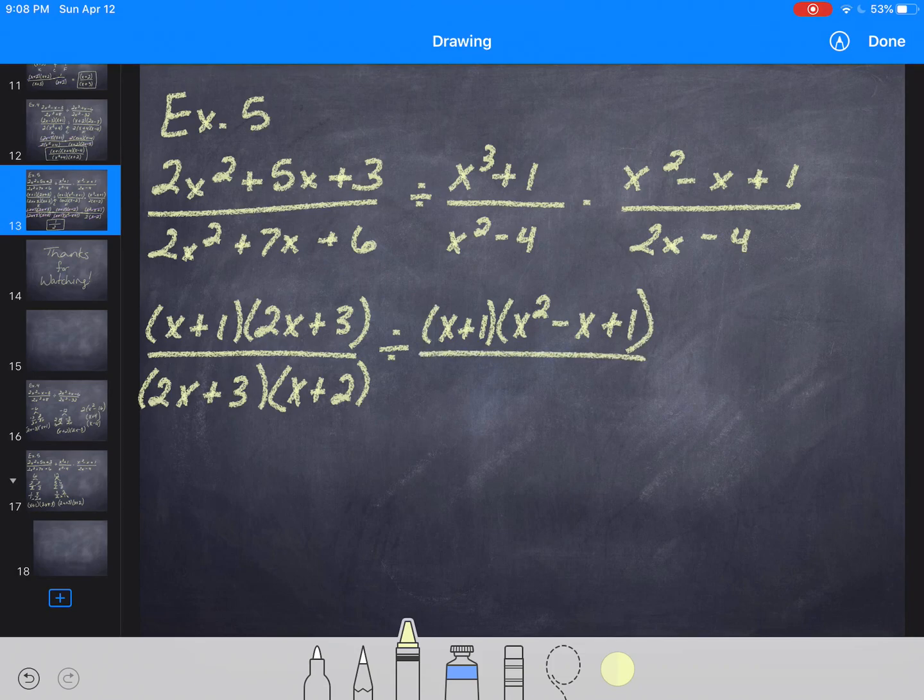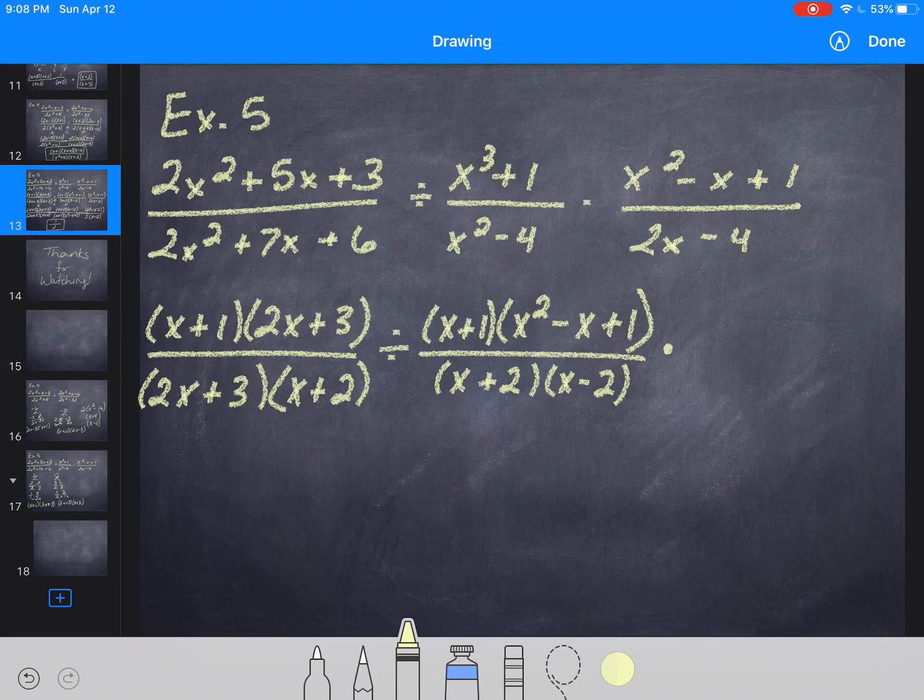Divided by, I'm going to factor my second denominator using difference of squares. You can pause here to factor. My factors are x plus 2, x minus 2, times. I'm going to factor x squared minus x plus 1.